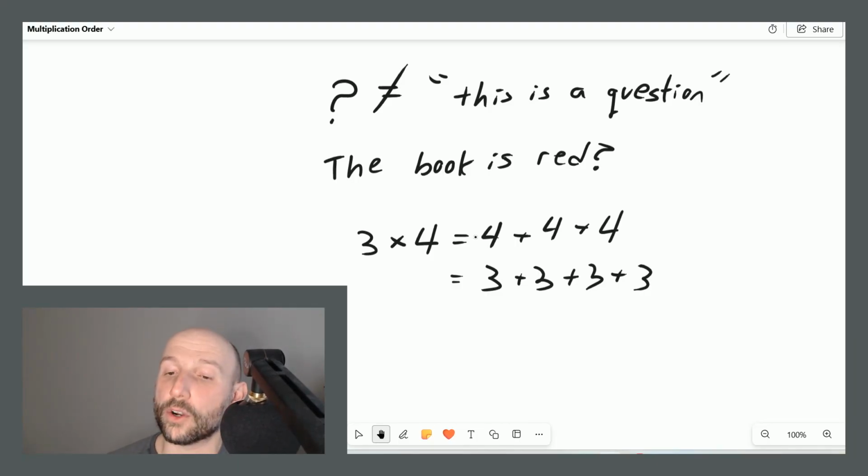The other common argument against this was that, well, yeah, multiplication can be done in any order, that's true, but students shouldn't be taught that at an early age, because if students are taught that multiplication can be done in any order, they might think that's a general rule, and that subtraction and division could also be done in any order, and then they start making mistakes. So it's better to just tell them that everything's done in a specific order. So let me get this straight.